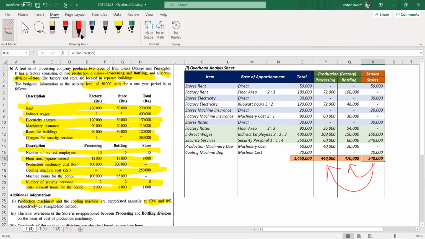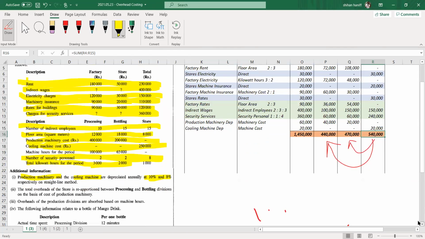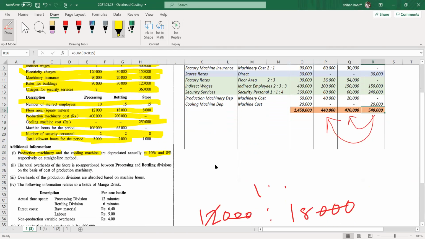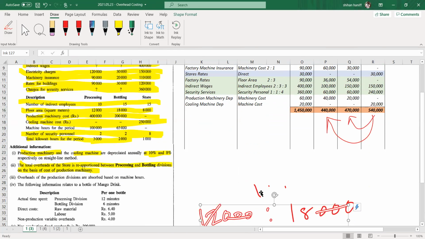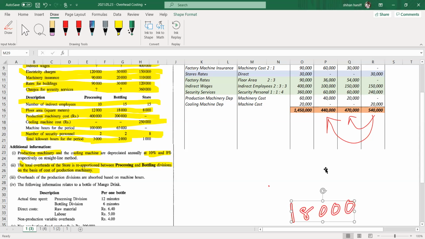Right, so that basis is given. Here they have given the basis. The total overhead of stores is reapportioned between processing and bottling division on the basis of cost of production machinery, based on the machinery cost.